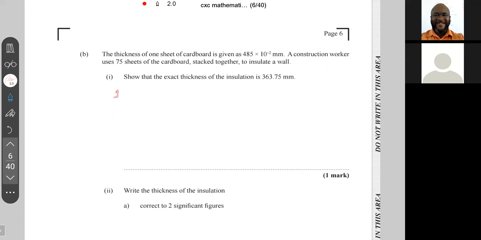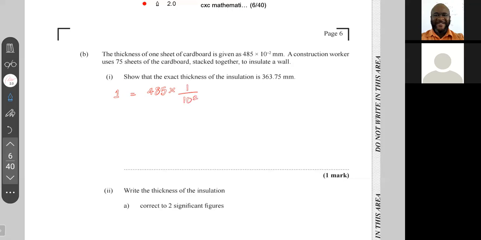Well, first of all, the thickness of 1 is 485 times 10 to the minus 2. Now, 10 to the minus 2 is the same as saying 1 over 10 squared.